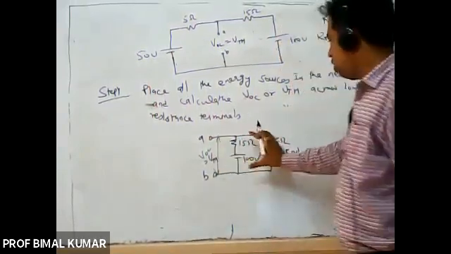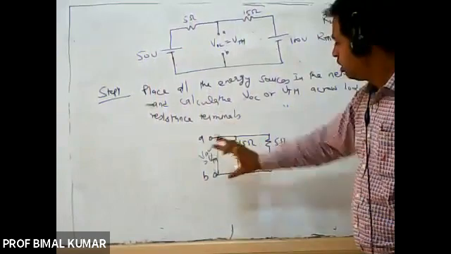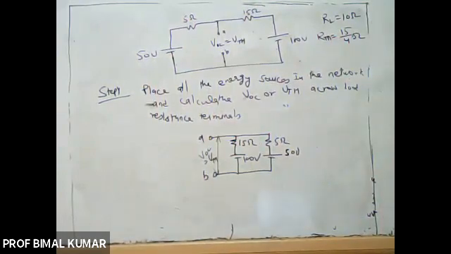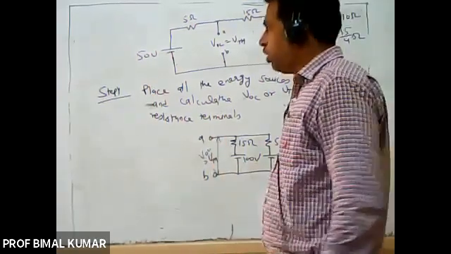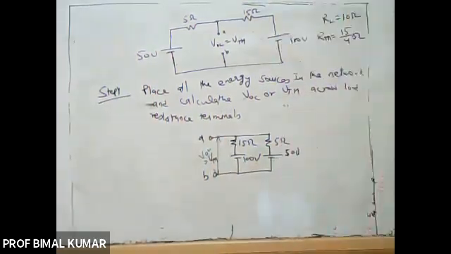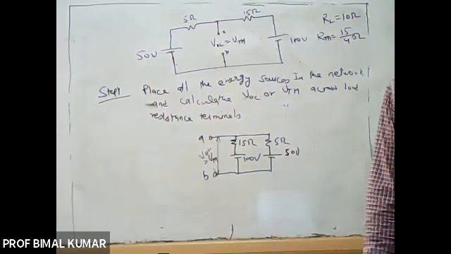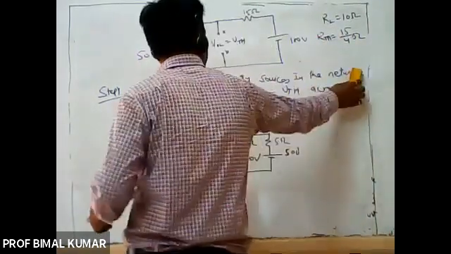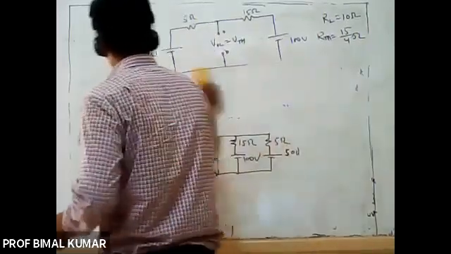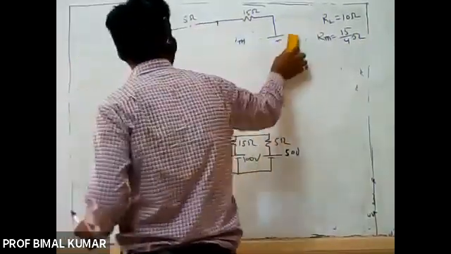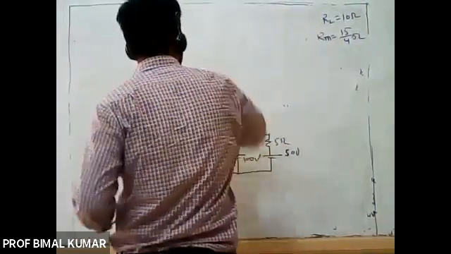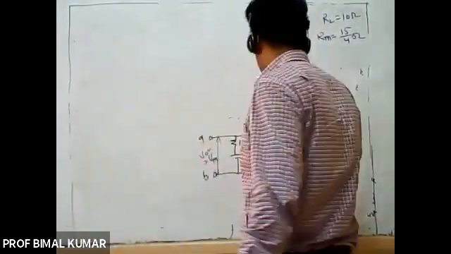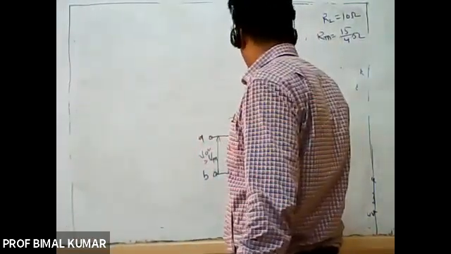So whatsoever voltage will appear here, that will be your VTH, because on this side there will be no element. So here you may see this will be a closed loop. In this closed loop, this is the higher value voltage source and this is the lower value voltage source.